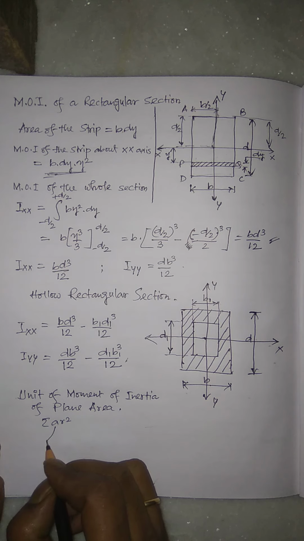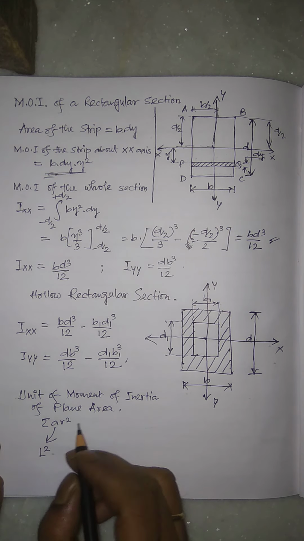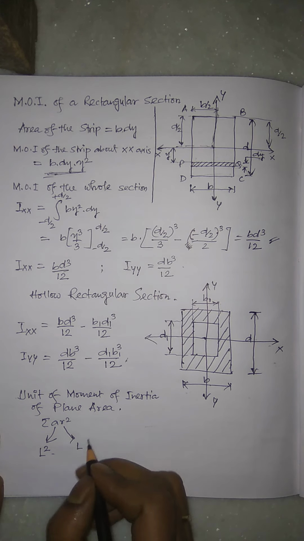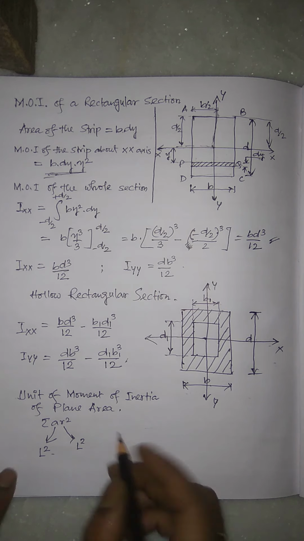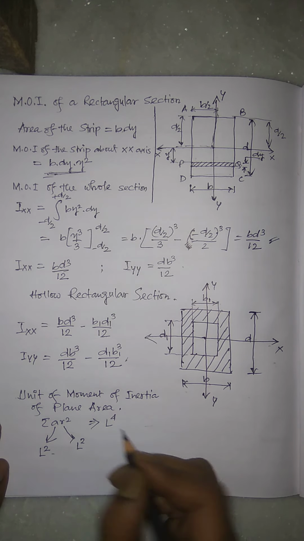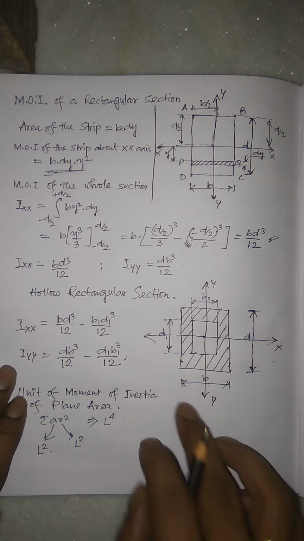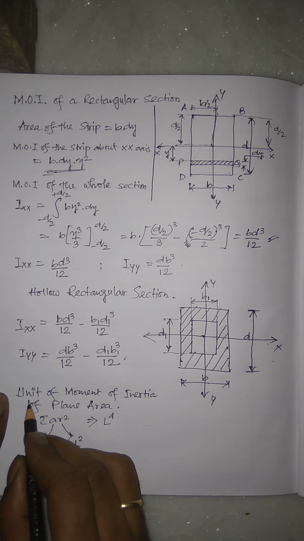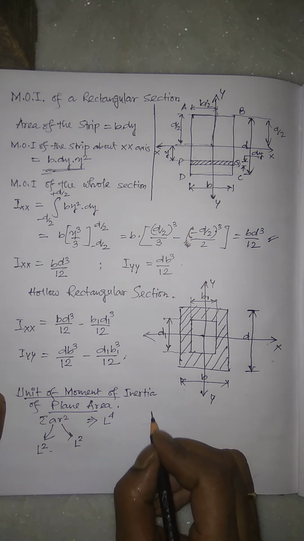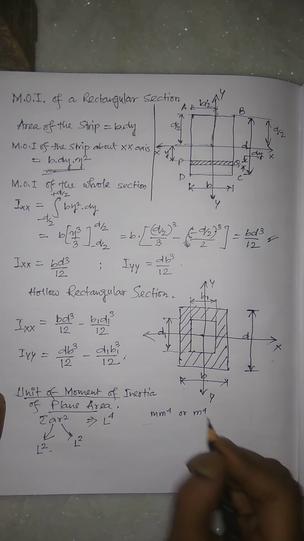The area A has the unit length square and r has the dimension L to the power 2. So this has a dimension of L to the power 4, length to the power 4. So the unit of the moment of inertia of a plane area should be millimeter to the power 4 or meter to the power 4.